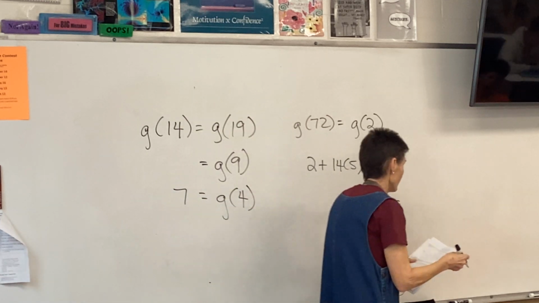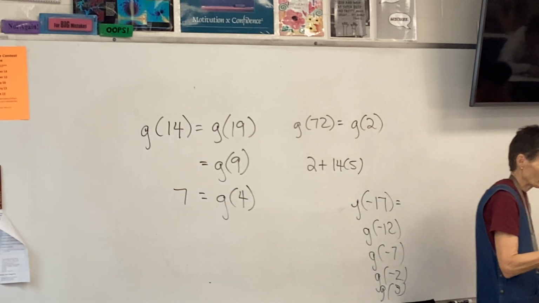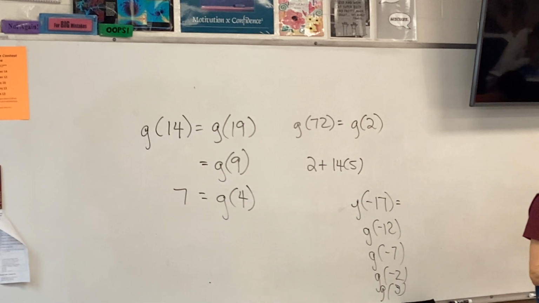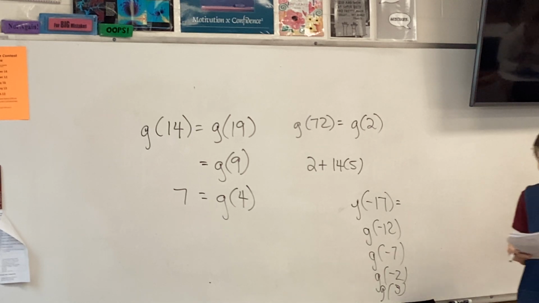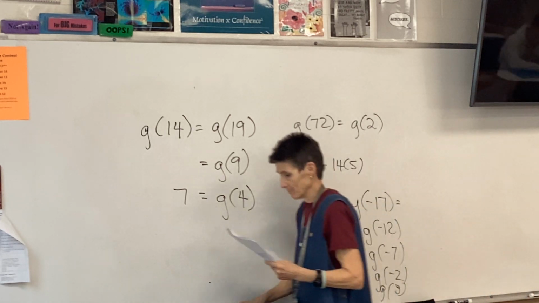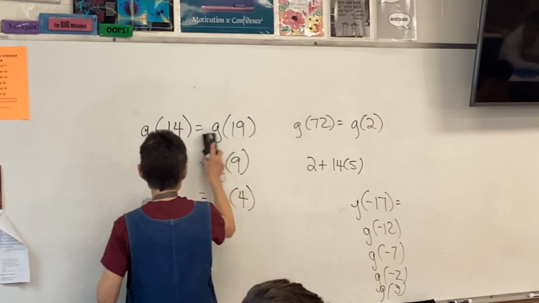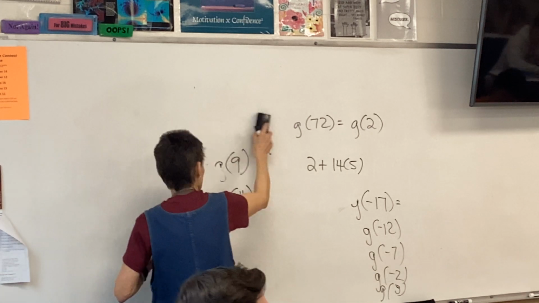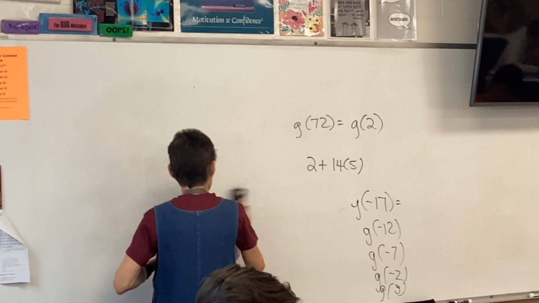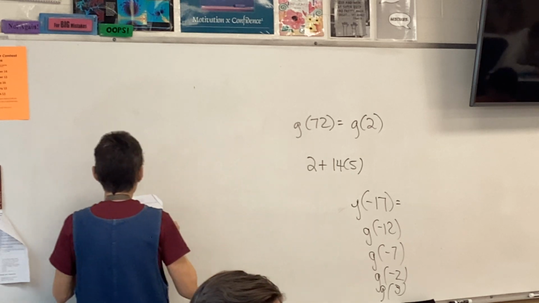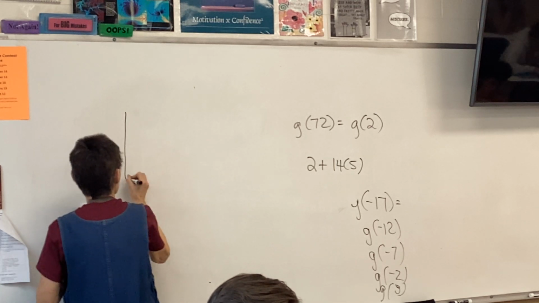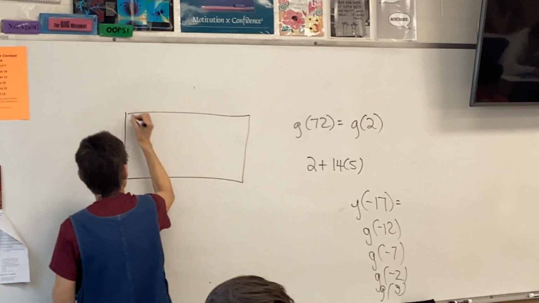Now, look at example 4. What if we don't have a picture? Now we have a chart. We are told that this thing, whatever it looks like, is periodic with a period of 5.